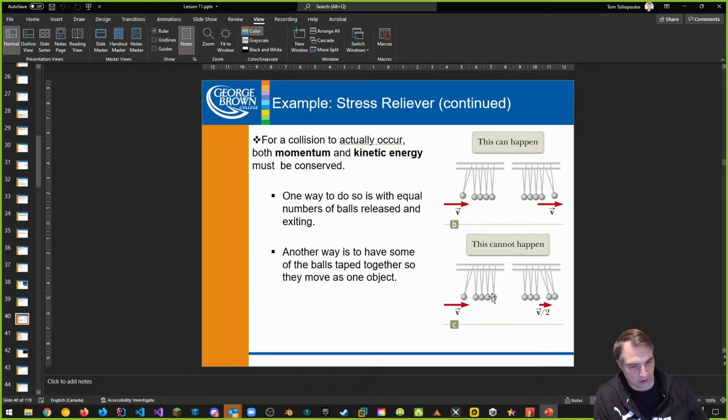They're all the same equal masses, let's suppose. And kinetic energy, which is 1/2 mv squared, final is equal to kinetic energy initial. We're not losing any kinetic energy. Both momentum and kinetic energy must be conserved. Therefore, this can't ever happen because that means we would move twice the amount of mass with the same amount of velocity. It's impossible.